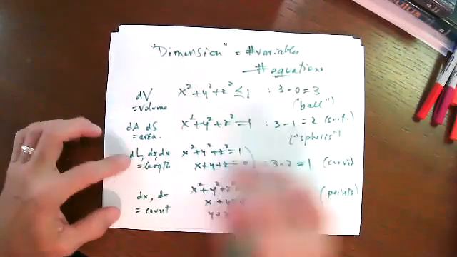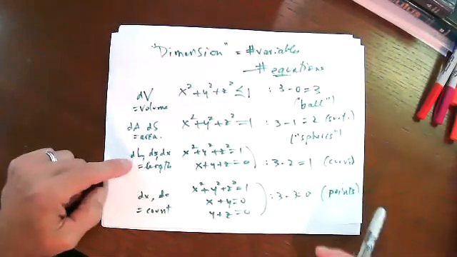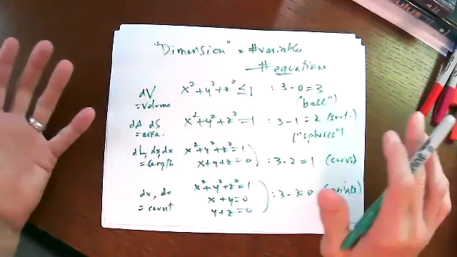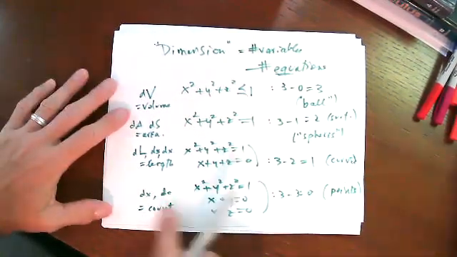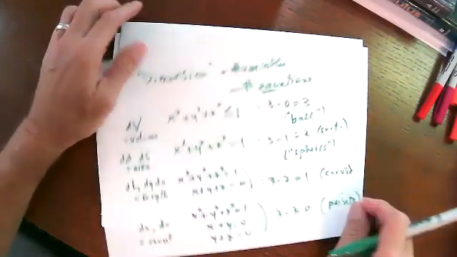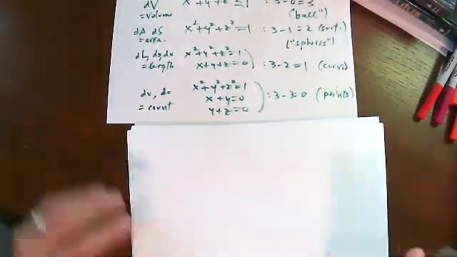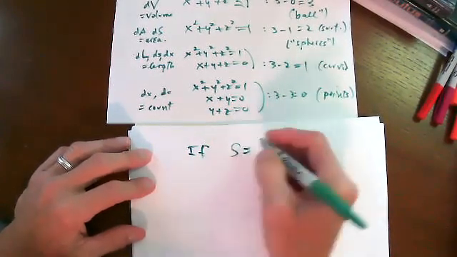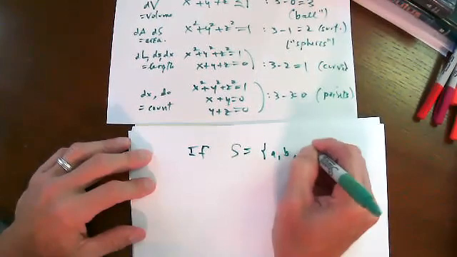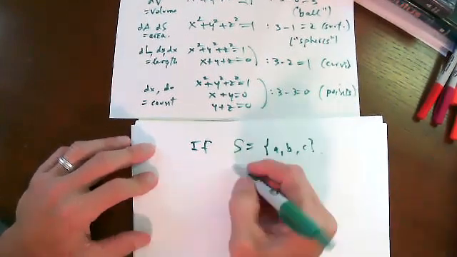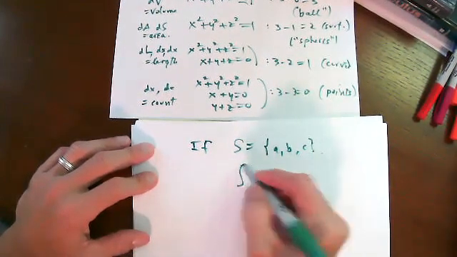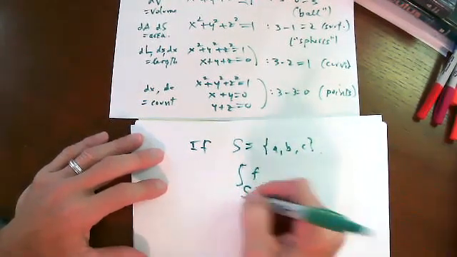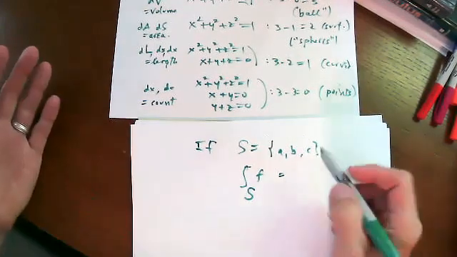Same thing over here. We talked about different types of one-dimensional integrals: the Calc 1 integrals, the path integrals, and the line integrals. Today I want to tell you about a zero-dimensional integral. What is a zero-dimensional integral? If you have a finite set, let's just call the points A, B, and C, and somebody gives you a function that's defined on that set and says to please integrate that function over that set, what would you do?